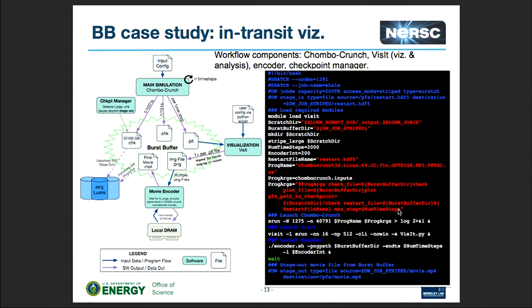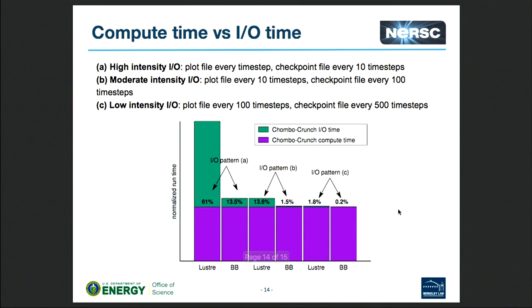And due to the high bandwidth of the non-volatile memory of burst buffer, we got a speedup in in-transit visualization and I/O time. These results compare burst buffer performance and the cluster for different I/O intensity: saving plot files and making visualization on every time step, and 10 time steps every 100 time steps, and there is significant improvement for burst buffer.